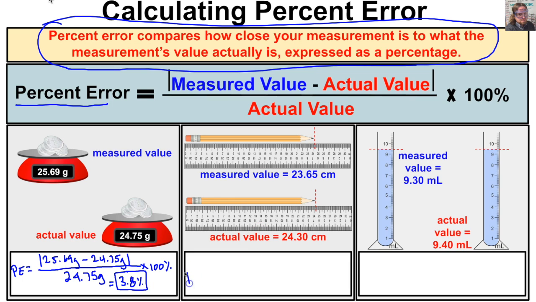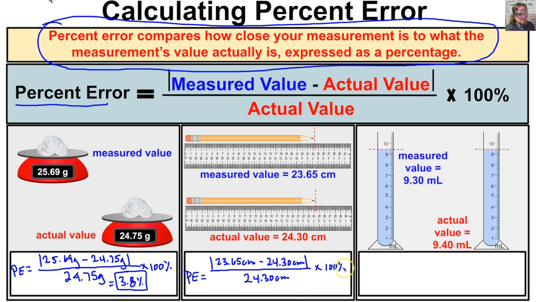To get the percent error in these two measurements right here, we take the absolute value of the measured value, which is 23.65 centimeters, minus the actual value, which is 24.30 centimeters, and we're going to divide this by the actual value, which is 24.30 centimeters, and then we're going to multiply by 100%.